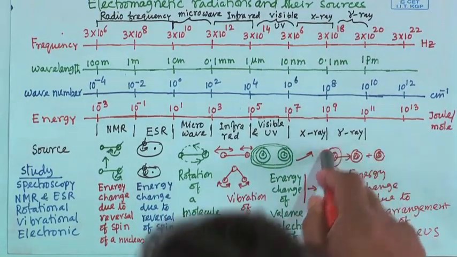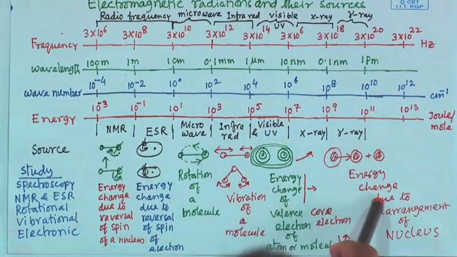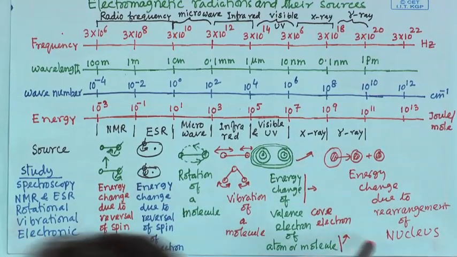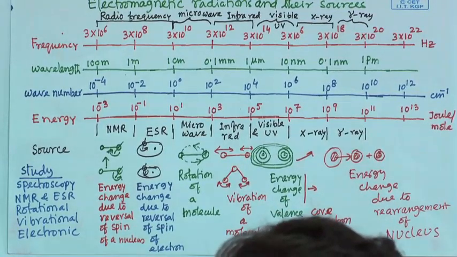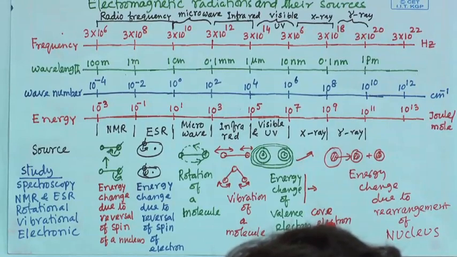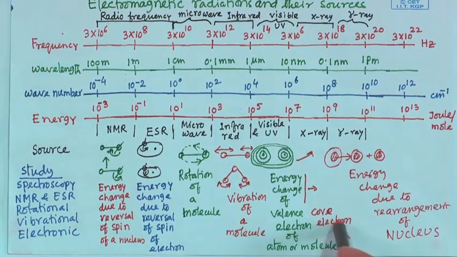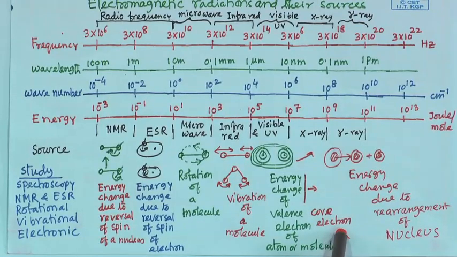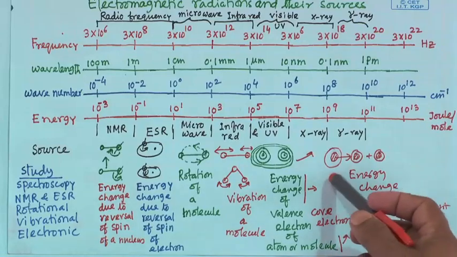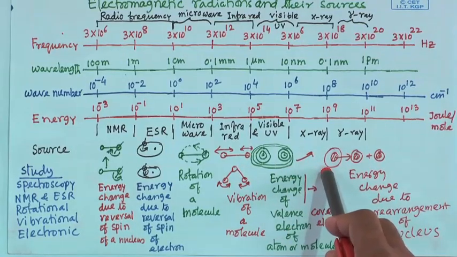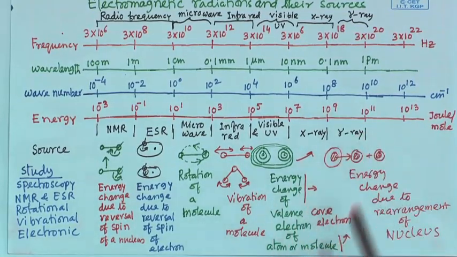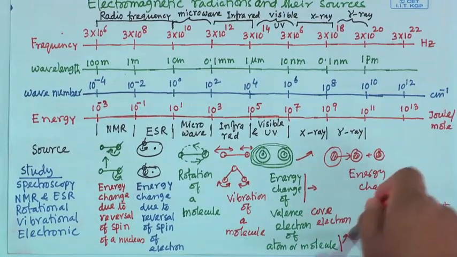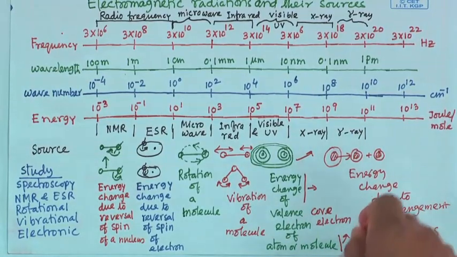The source of X-ray is the energy change due to the rearrangement of core electrons, or it is better to say the energy change of core electrons in atoms or molecules.